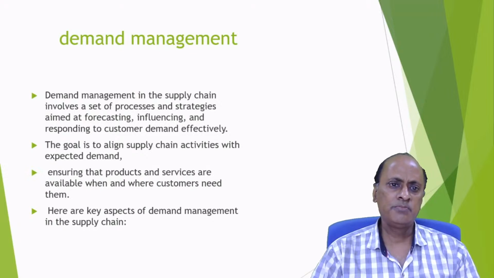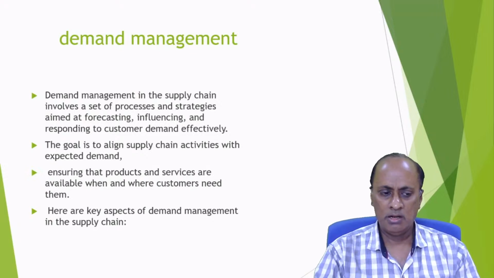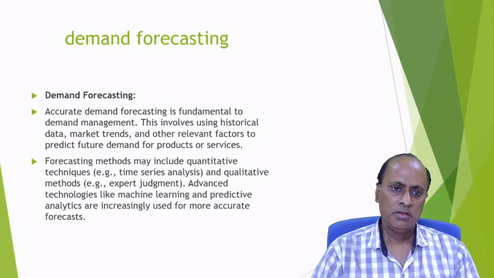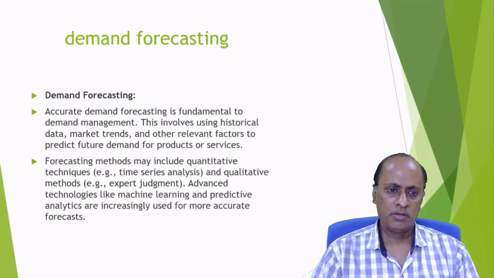Now, the basic objective of demand management is to align the supply chain activities with the expected demand. By aligning, we can ensure that the products and services are available when and where consumers need them. Now, what are the key aspects? The key aspect of demand management is demand forecasting.